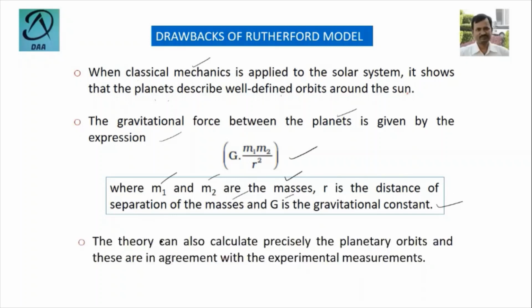This theory can also calculate the radius of the planetary orbits, and this is in good agreement with the experimental results.